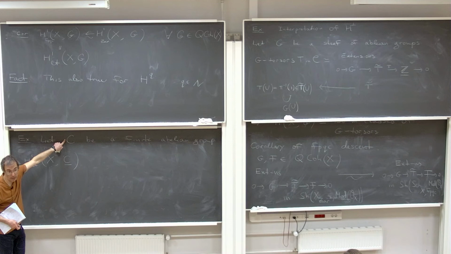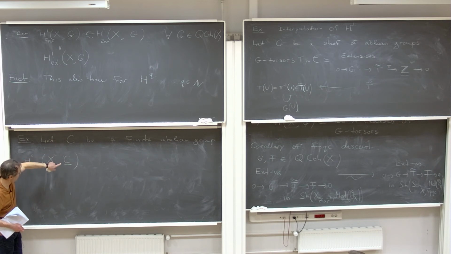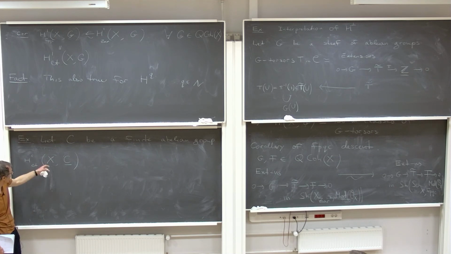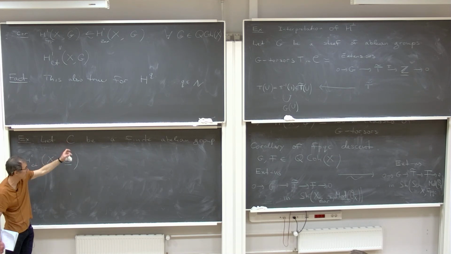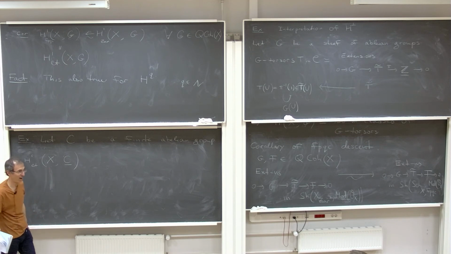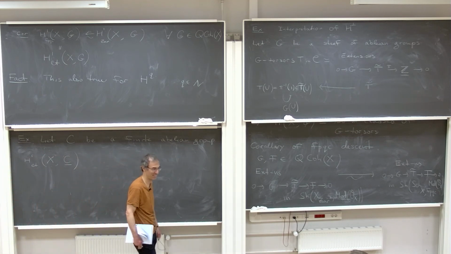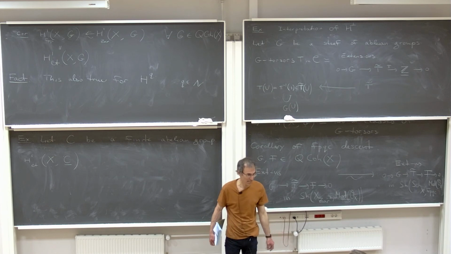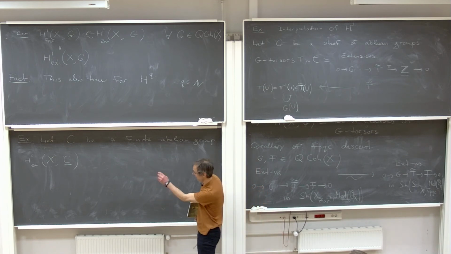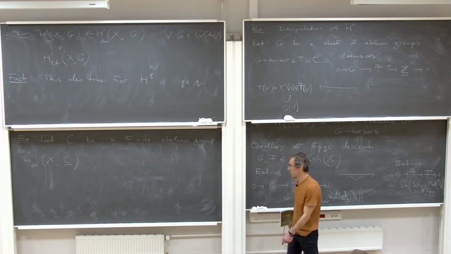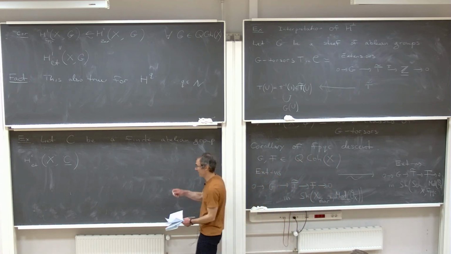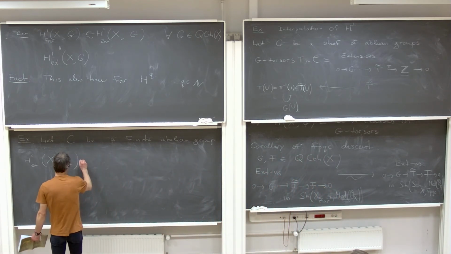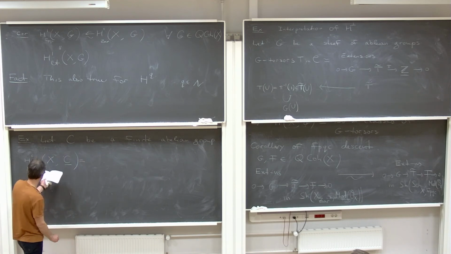For example, one way to define this sheaf is as a sheafification of the presheaf of C-valued functions on open subsets of X. Another way is to think of C as a finite group scheme, and then the sheaf represented by this group scheme is your C underlined. Okay? So we have an interpretation of this.